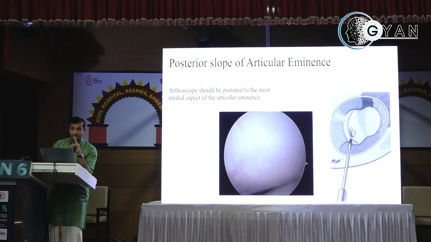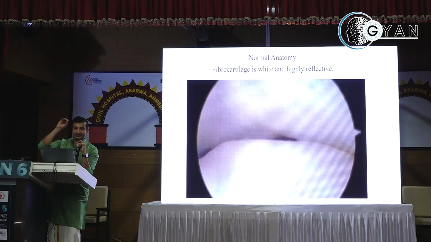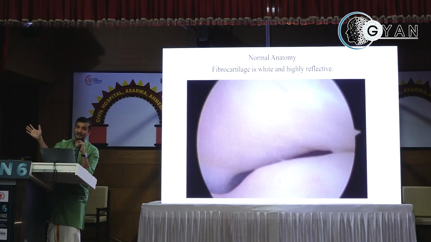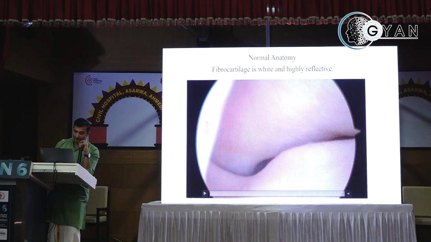Now coming to the posterior slope of the articular eminence. It is basically to understand whether the fibrocartilage is healthy or not inside the joint. So you should have this glistening white appearance with striations on it, and the same striations go on to the glenoid fossa as well. Okay, so this is the posterior slope of the articular eminence, and you go posteriorly and you see the glenoid fossa.